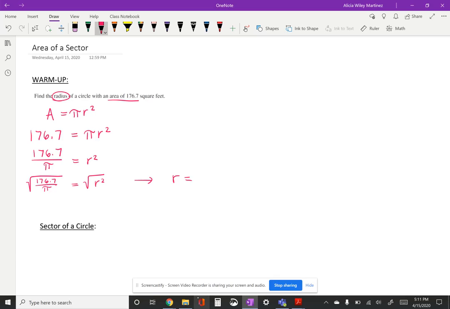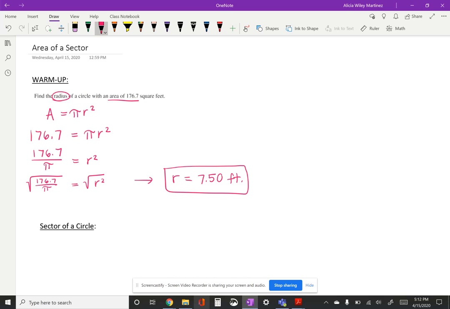You're going to do 176.7 divided by pi, and then make sure you square root that number, and you should get a value of 7.50 feet as your answer. So there it is.